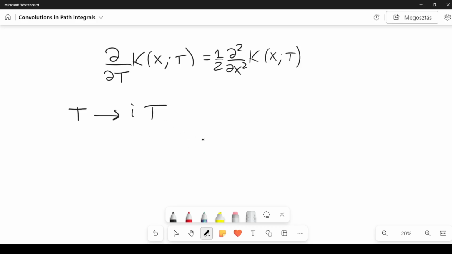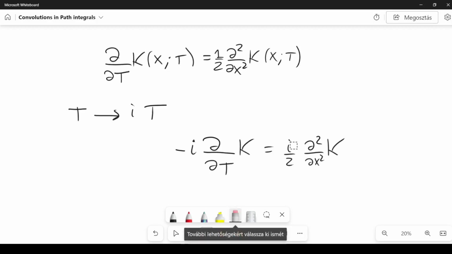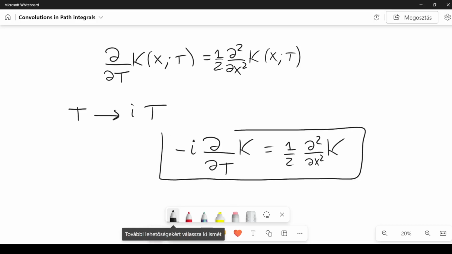And therefore, by doing that, you have d over dt, you have a factor of 1 over i that you can put on the right. Here you have k, and here you have i over 2 d squared dx squared k. If you multiply by minus i both sides, you can rewrite the equation like this. And this represents the Schrödinger equation for a free particle.